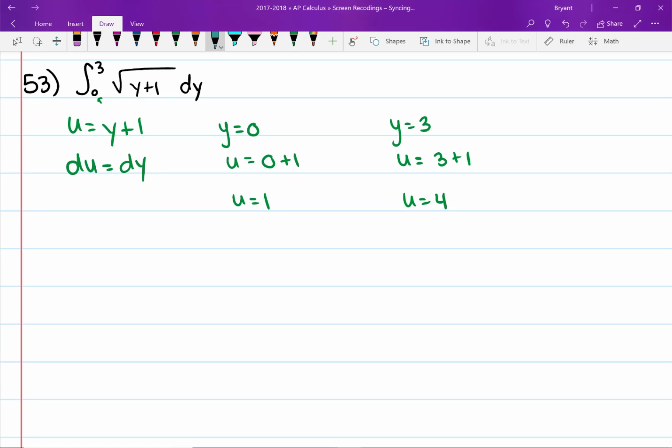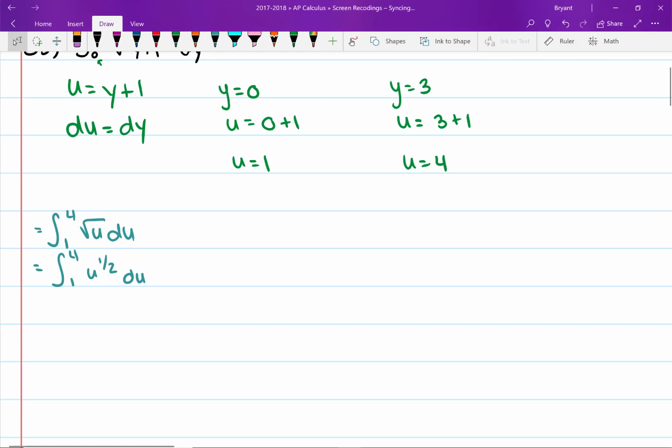Alright, let's work it out. So this becomes the integral from 1 to 4 of the square root of u du. And so I get this is the integral from 1 to 4 of u to the 1/2 du. So this becomes 2/3 u to the 3/2 from 1 to 4.